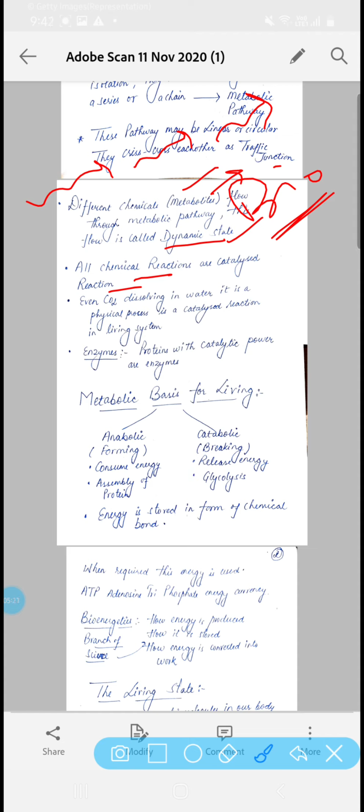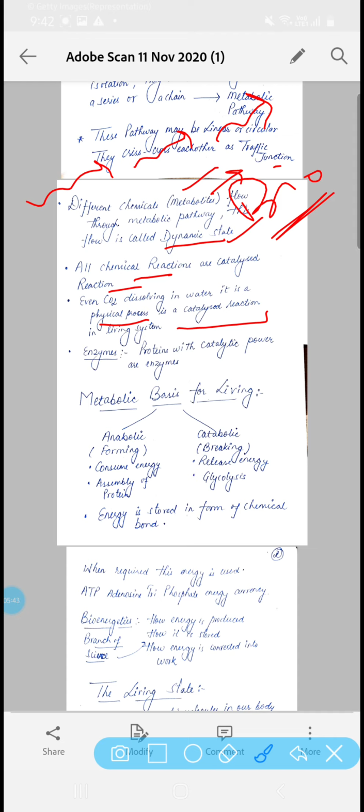They are catalyzed by special biomolecules called enzymes. Even carbon dioxide dissolving in water is a physical process, but when it occurs inside the living system, then this reaction is again a catalyzed reaction.